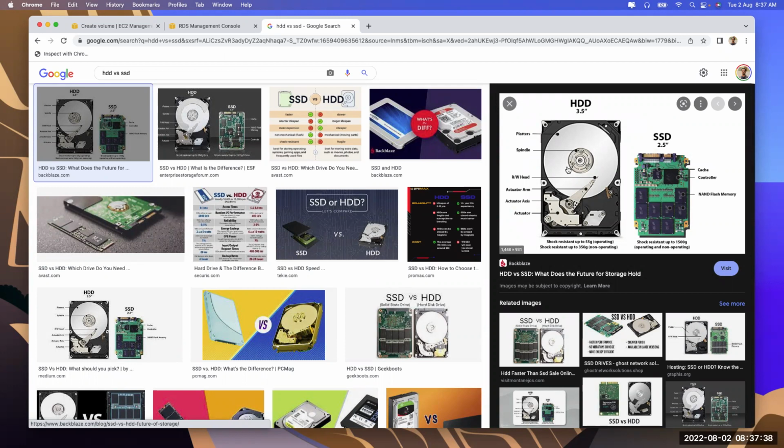Slow, but it is cheap. Also, it is shock resistant up to 55G. SSDs, on the other hand, are small and compact in size, with shock resistance up to 1500G. So it is pretty much more durable also, and it is way faster also.